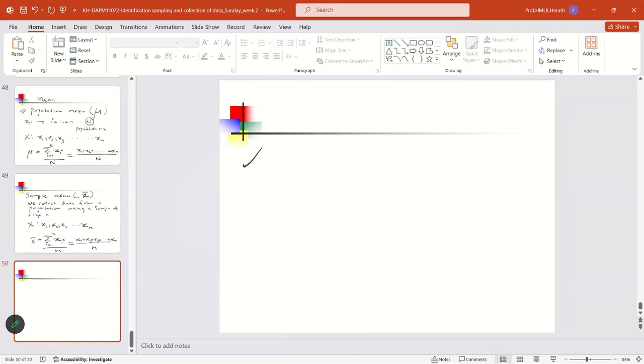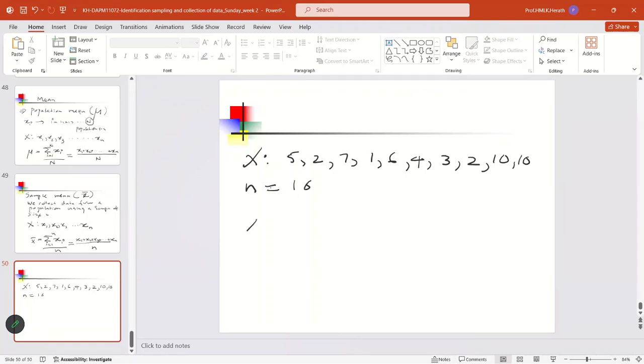Suppose our data looks like this: 5, 2, 7, 1, 6, 4, 3, 2, 10, 10. In this context, the sample size is 10.